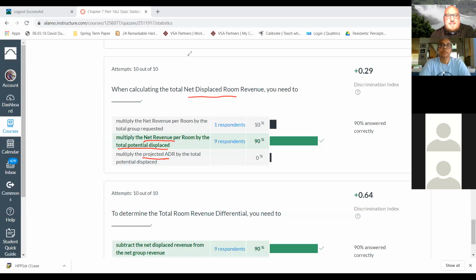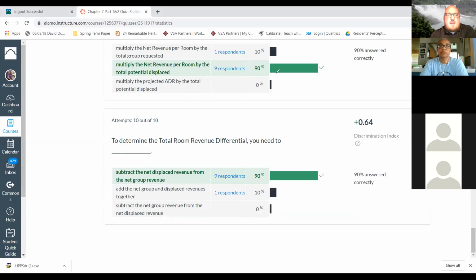We want to take out the cost associated with each one to get our net revenue per room, and then multiply that. The keyword that's incorrect in the first response is the group, because we're looking for the net displaced for displaced rooms, and we can't use the group request for that.